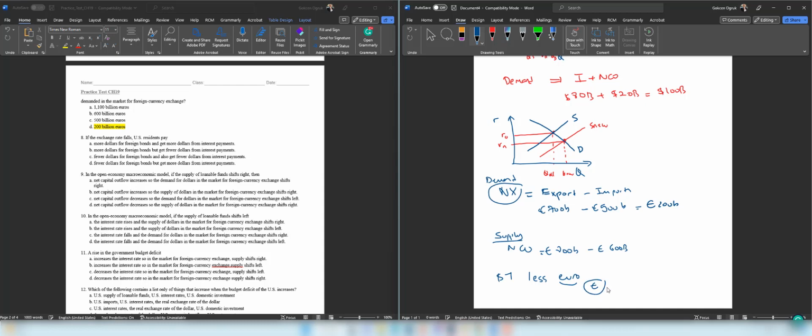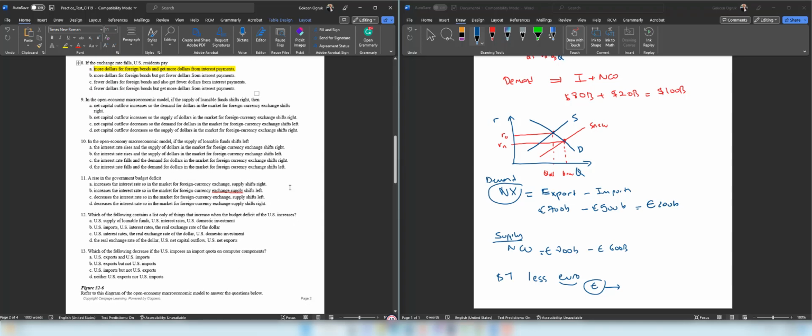Therefore, each euro is equivalent to more dollars, and this means that you get more dollars from interest payments. So you need more dollars for foreign bonds, but also you are going to get more dollars from interest payments.